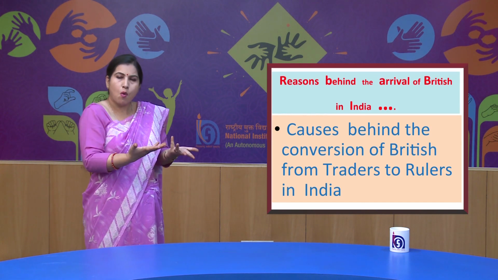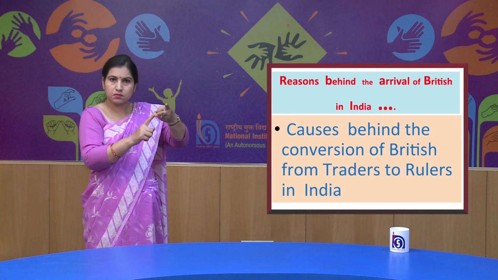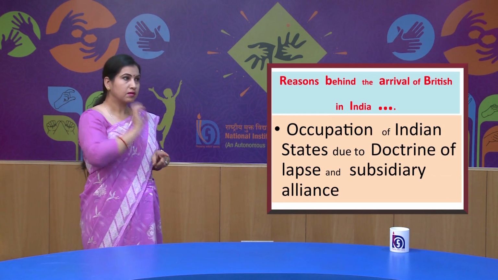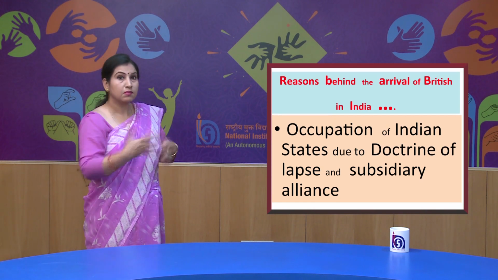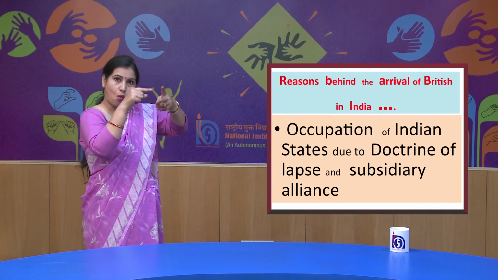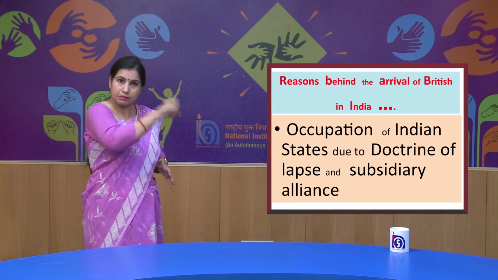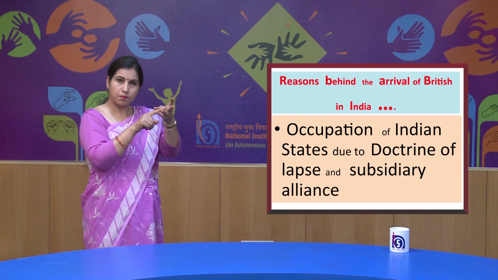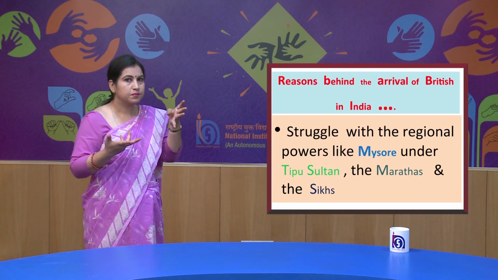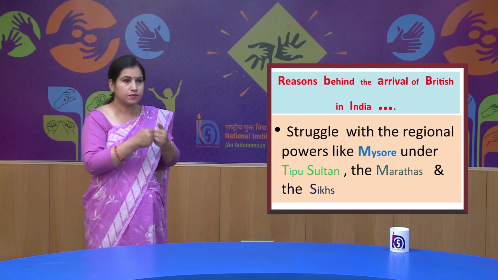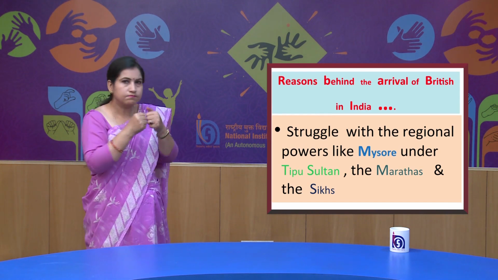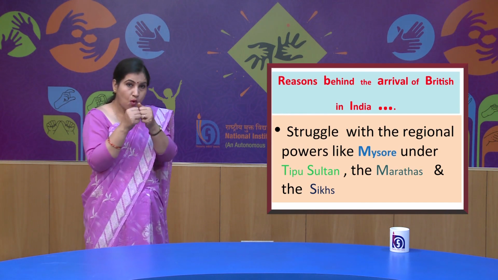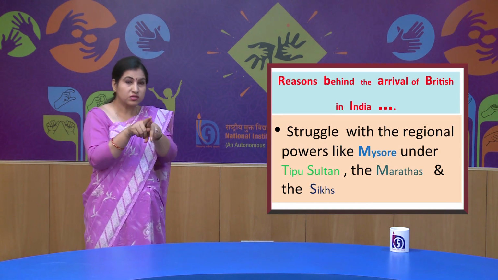Number 3, occupation of Indian states due to Doctrine of Lapse and Subsidiary Alliance. Number 4, struggle with the regional powers like Mysore under Tipu Sultan, the Marathas, and the Sikhs.